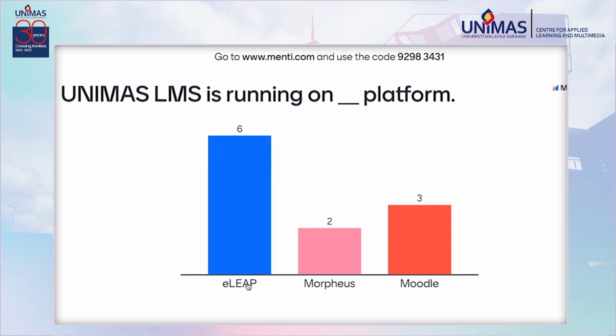Before it was named eLEAP, it was known as Morpheus, and Morpheus was basically the computer server, the CPU, that housed the Moodle platform. So that's why the system was named Morpheus. Okay, so that clarifies that.